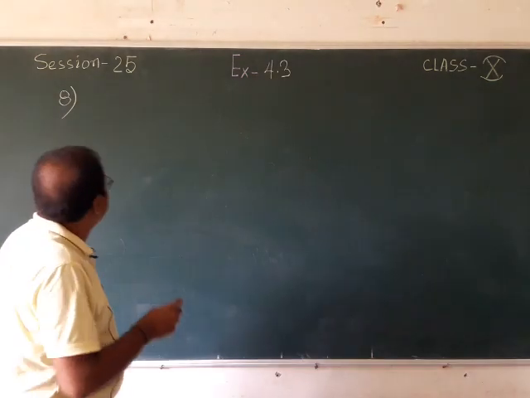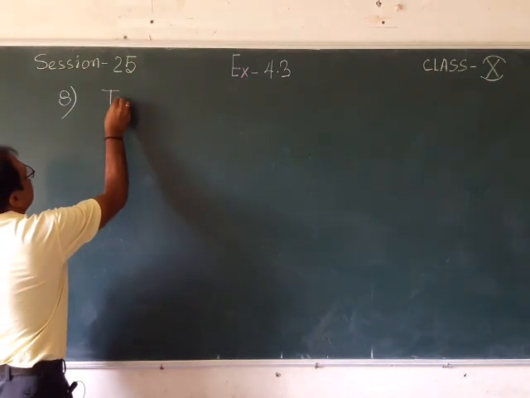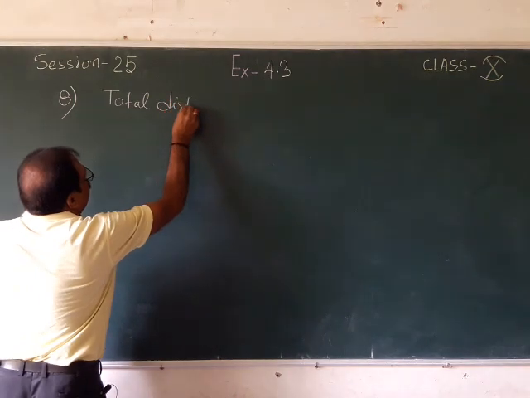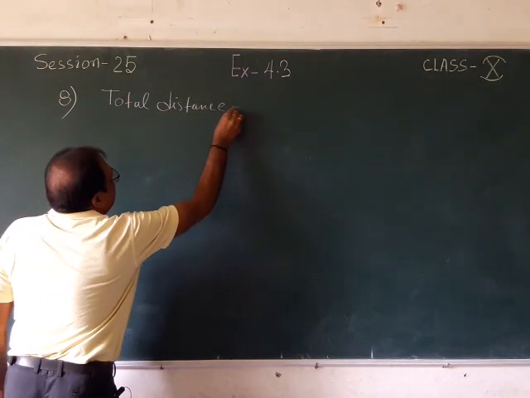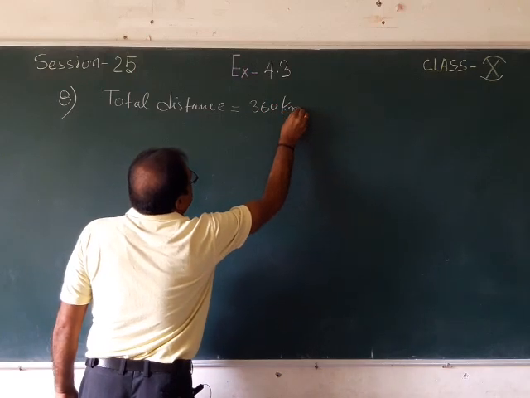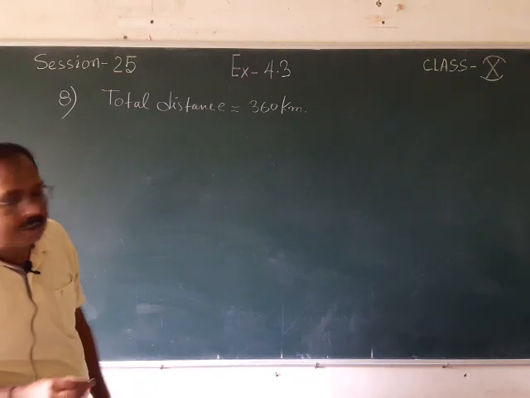So what to do here? What is given here? Total distance is given, that is 360 km.